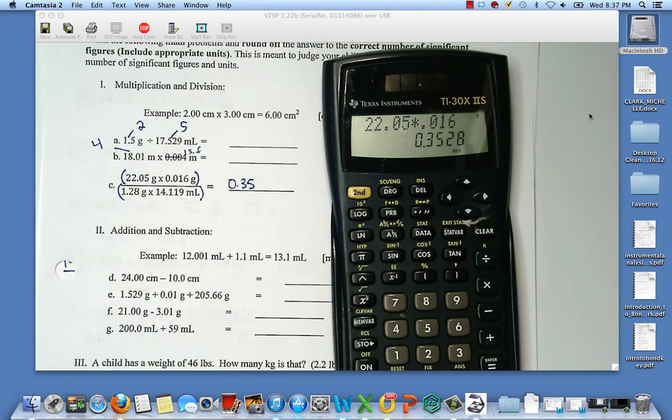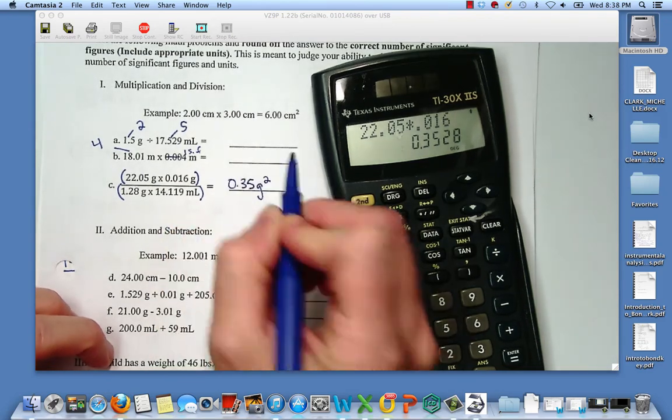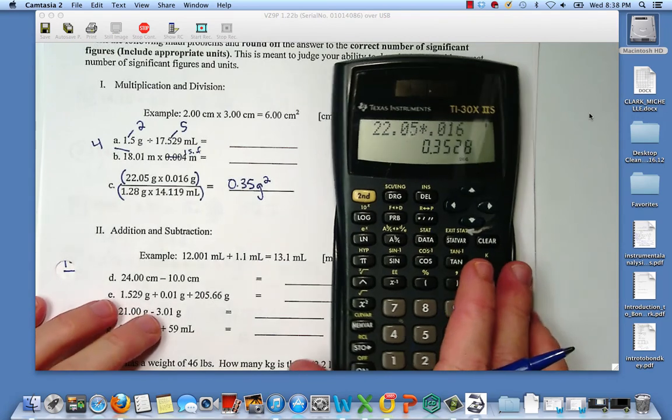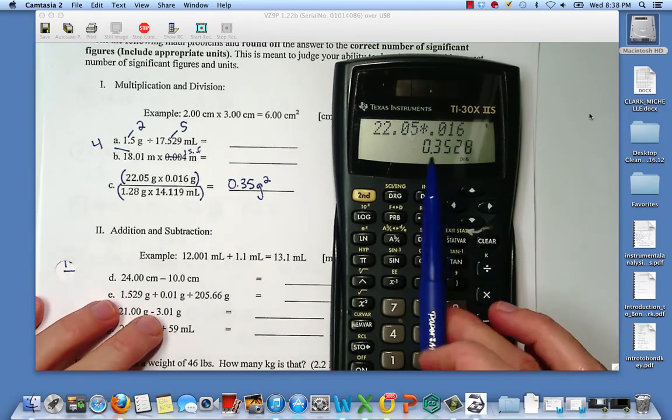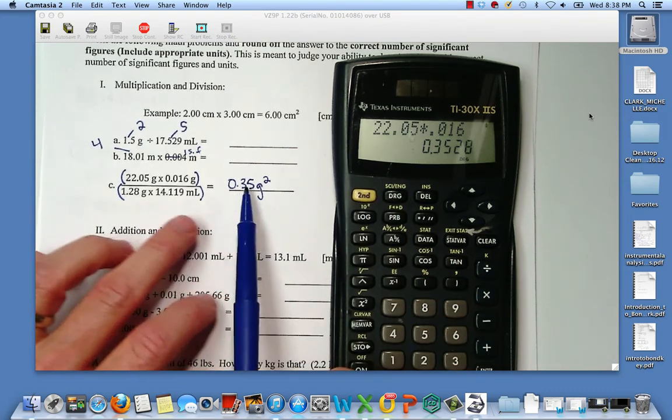You're multiplying, so grams times grams would give you grams squared. We're touching on conversion work, which we're going to get to in our next lecture. So that's grams squared, adjusted to the correct number of significant figures.